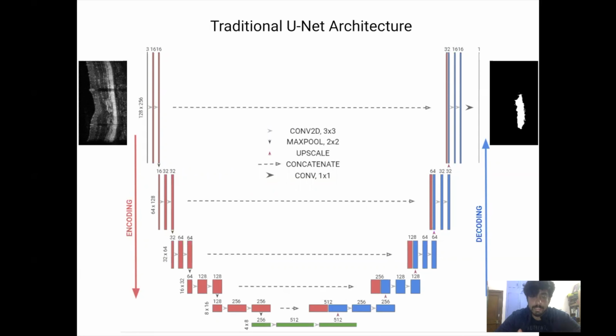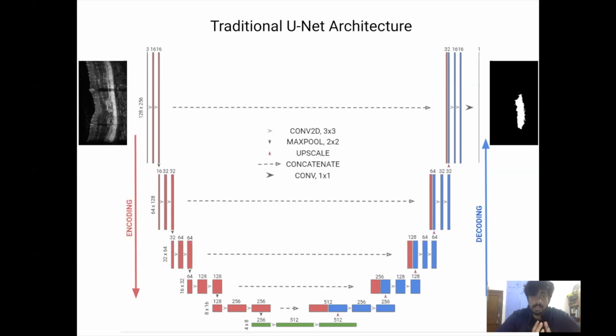And this encoded matrix is then decoded by applying a specific set of operations into a matrix of 128 cross 256 cross 16, as you can see in the blue line over here, right? And to this, a final convolutional operation is applied so that this matrix converts to a two-dimensional matrix of 128 cross 256 cross 1, right?